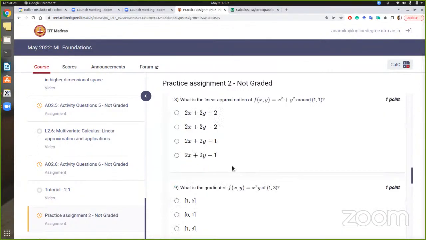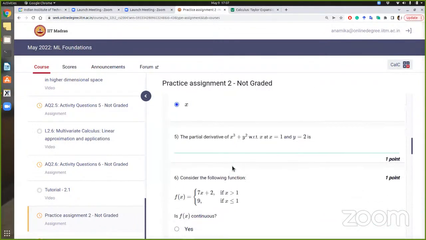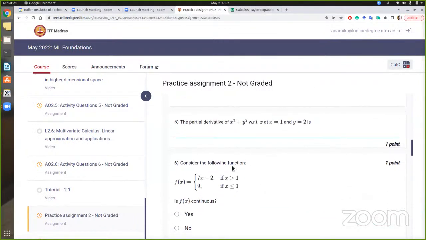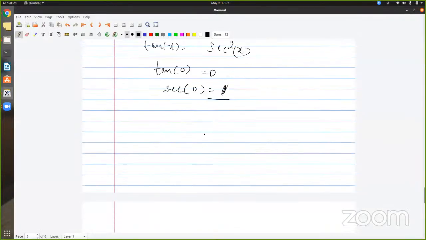Ma'am, if a function is not defined at a certain point, then can any higher order approximation be defined at that point? No, not at that point. Okay. See, what I can think of is, let's say this is a non-continuous function.